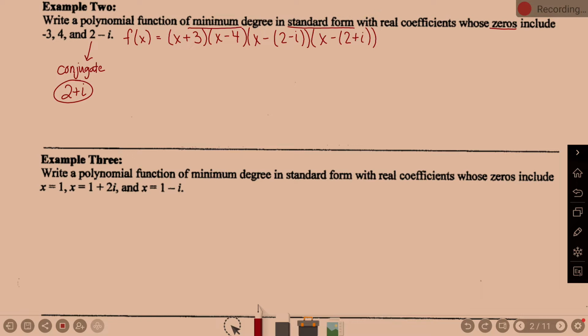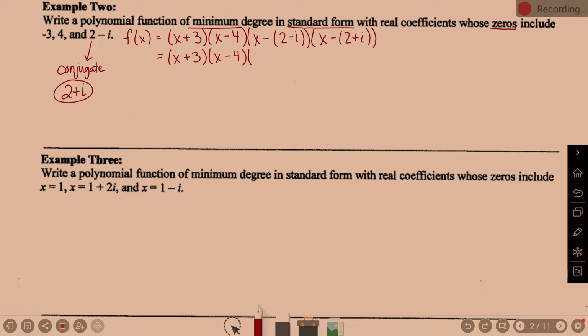Now, before we actually start multiplying this together, my recommendation is that we rewrite those without the extra parentheses. So we have the x plus 3. We have the x minus 4. Now, x minus the 0, 2 minus i. What is that if I take off those inside parentheses?